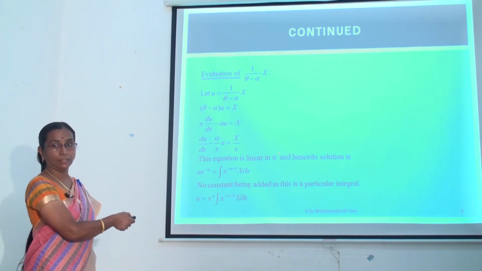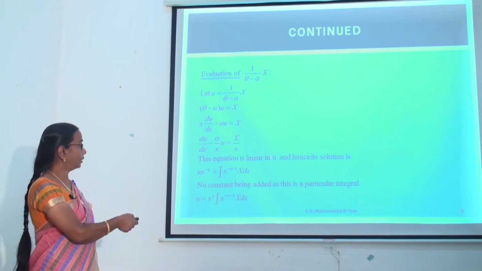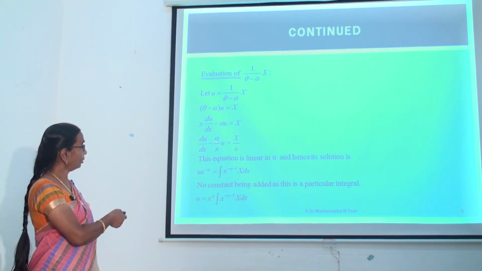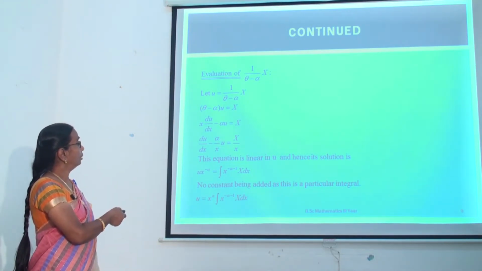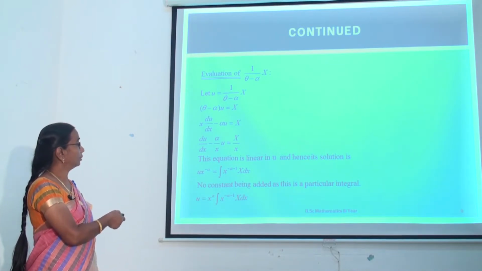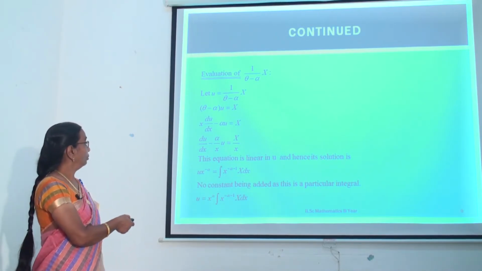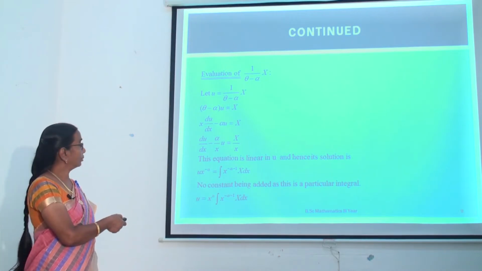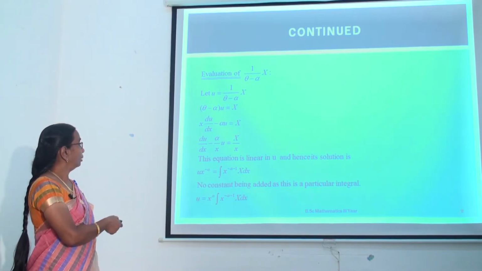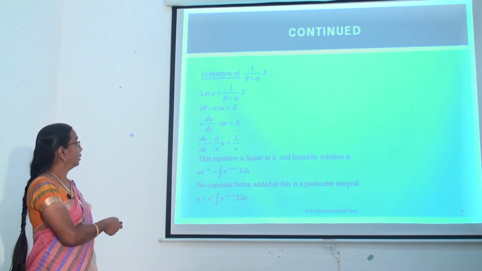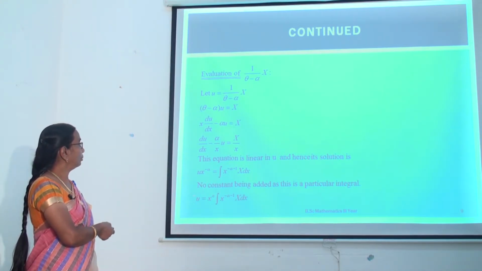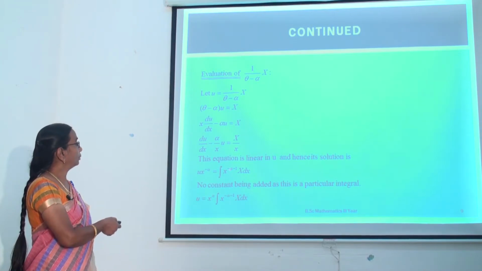We must find the integrating factor. That must be e power integral of minus alpha by x dx. When you find the integral, it will simply be e power minus alpha log x. So when you bring that term here, it will be u into x power minus alpha is equal to the integral of x power minus alpha minus 1 into capital X dx.